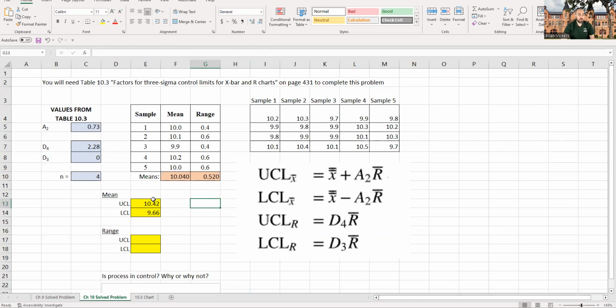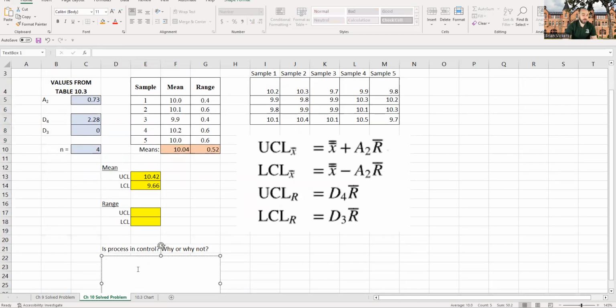So 10.42, 3 decimal places here. 10.42, all of these are below 10.42. 9.66, all of these are above 9.66. So they're all within that range. We could say that is this process in control based on X bar, yes.